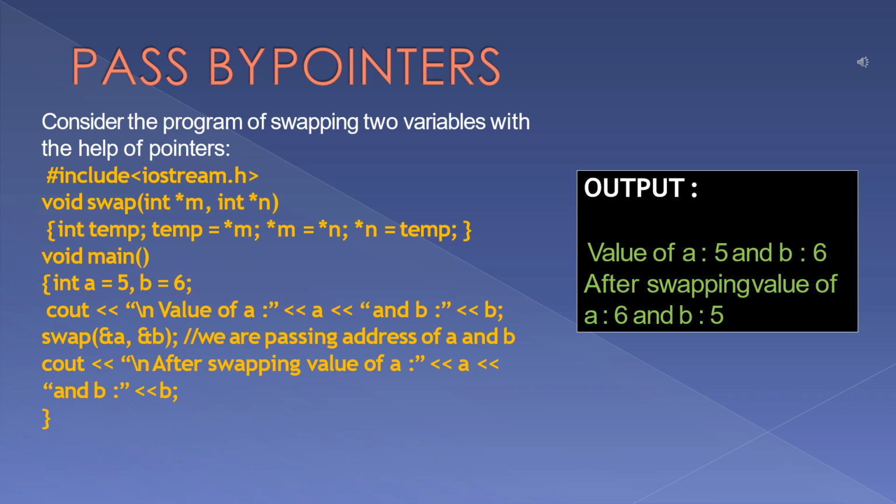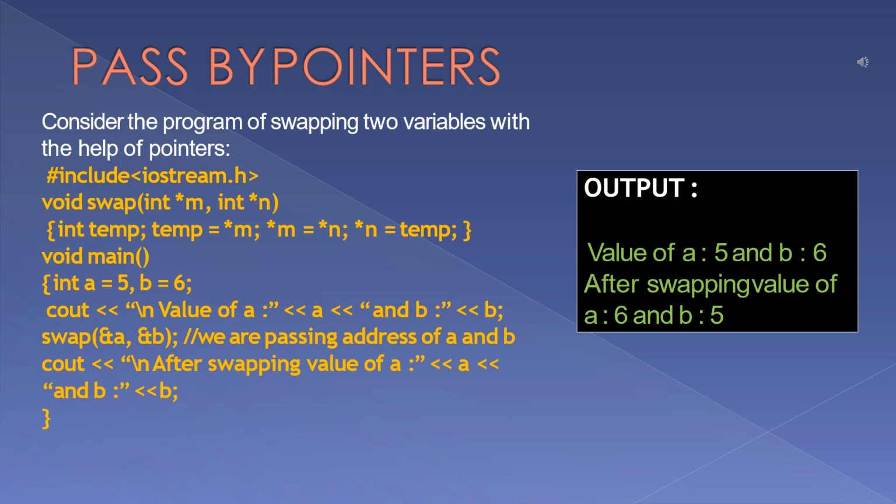Now you're calling the function. temp equal to *m. Value at m means value at a. So a is 5, so temp becomes 5. Value at m equal to value at n. What is n? Address of b. Value at n is 6.